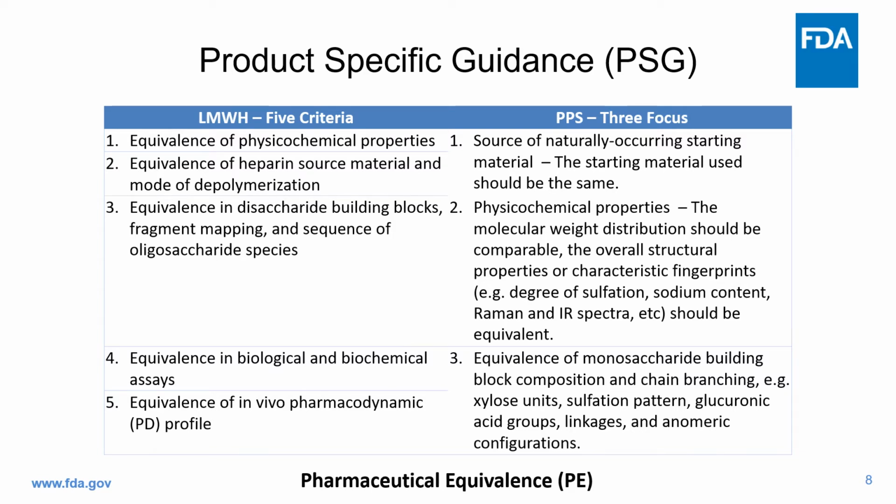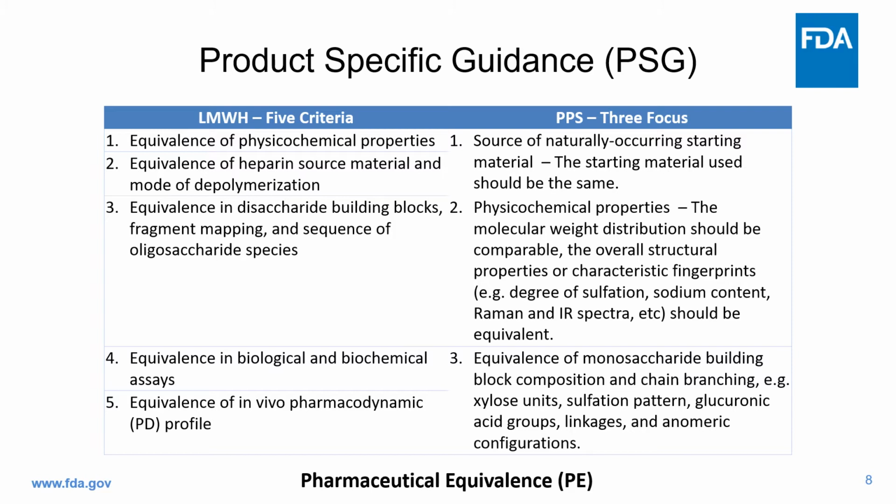Second, the equivalence of heparin source material and mode of depolymerization should be established. Third, equivalence in disaccharide building blocks, fragment mapping, and sequence of oligosaccharide species should be demonstrated. Fourth, equivalence in biological and biochemical assays should be demonstrated. And fifth, equivalence of in vivo pharmacodynamic profile should be shown.